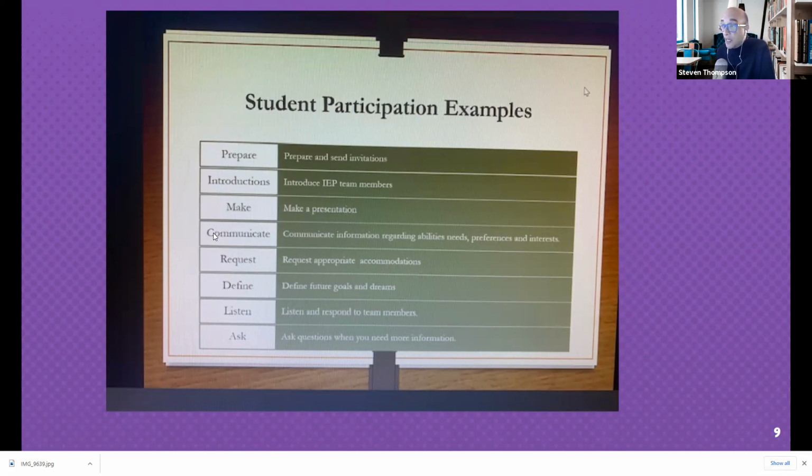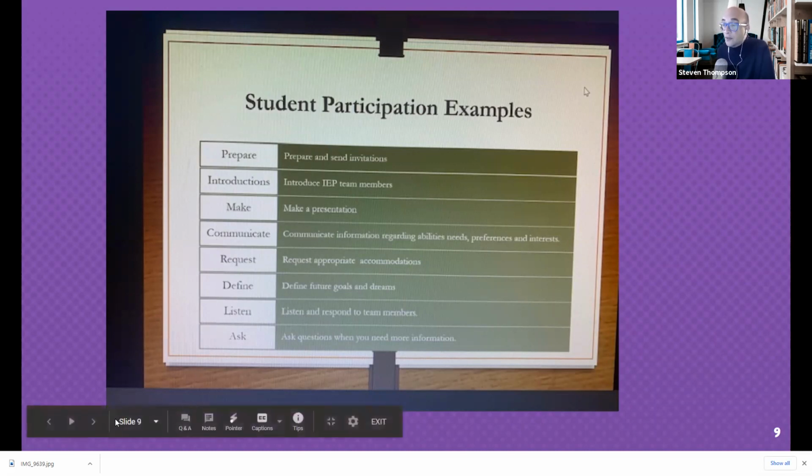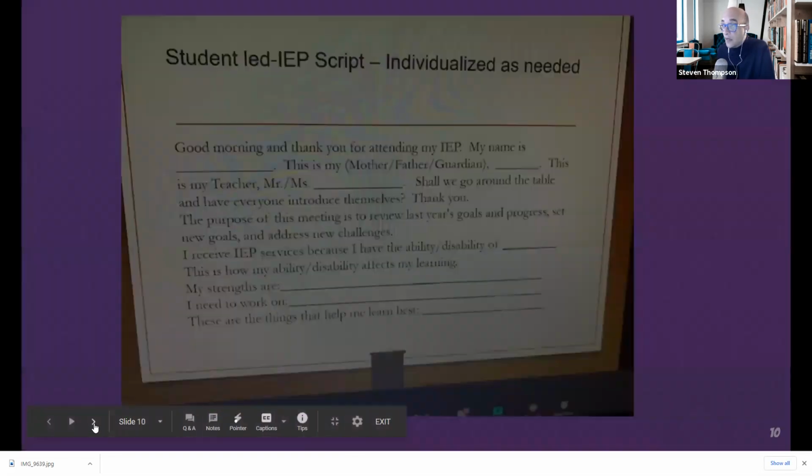They can communicate information regarding their abilities, their needs, their preferences, and interest. They can request accommodations. They can define their future goals and dreams. They can listen and respond to team members, or they can ask questions. These are all things that are perfectly acceptable for students to be able to do inside of the IEP process.